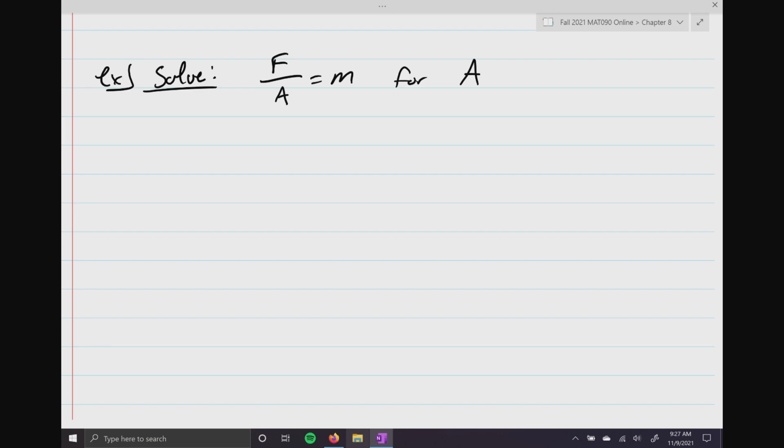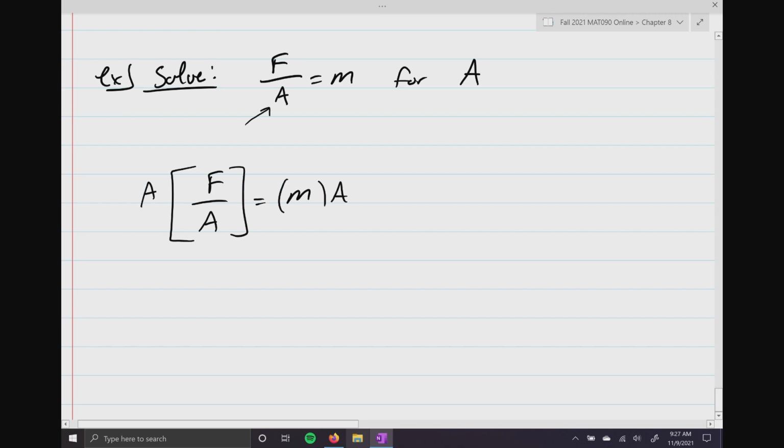So my goal is to solve for the letter a. The easiest thing I would do is look at it and say, well, it's in the denominator right now, and I don't like that. So I'm going to multiply both sides of my equation by my LCD. In this case, it happens to be the letter a. By doing that, notice that on the left-hand side, the a's reduce.